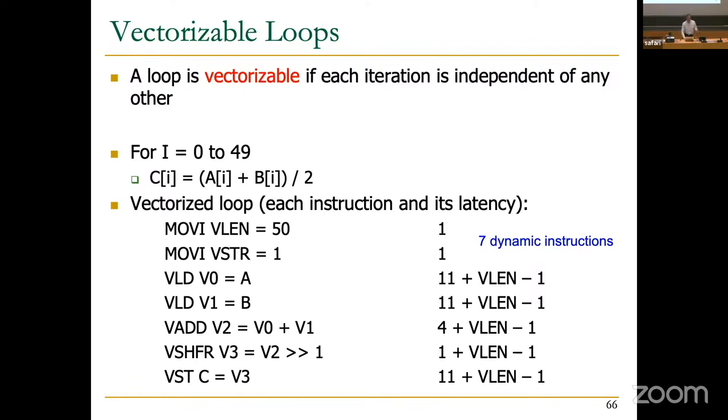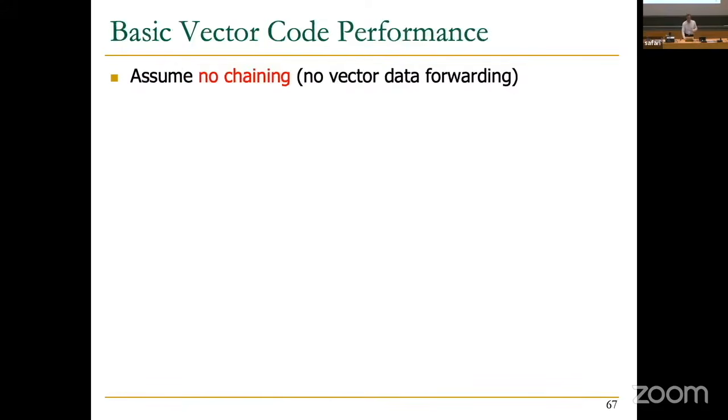Okay, now let's take a look at how long it takes to execute this code. Initially, we're going to assume a very simple vector processor, without even forwarding of data. This forwarding is called chaining in vector processing. I don't like this terminology necessarily, but you will see why it exists. There's no data forwarding between vector functional units. You have to finish all vector length operations in one functional unit before you can start another operation on the same vector register, essentially.